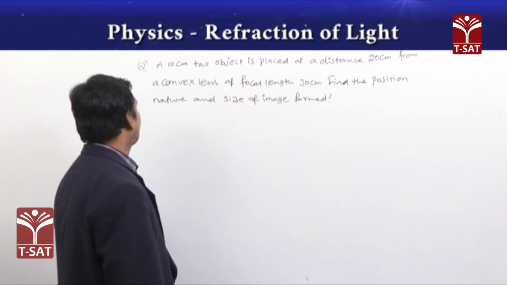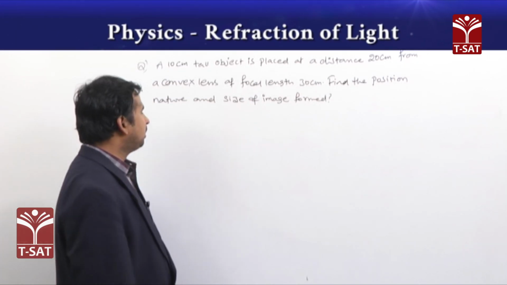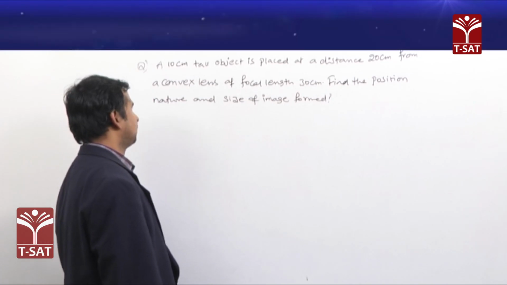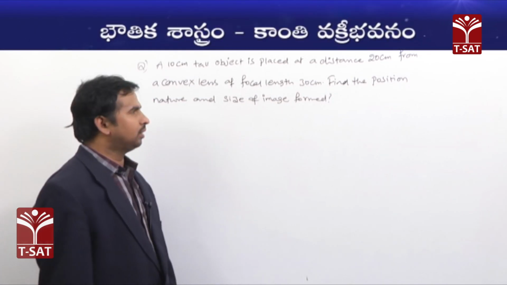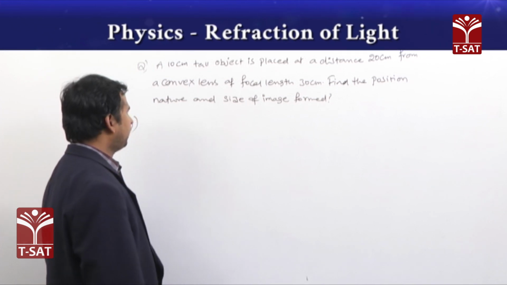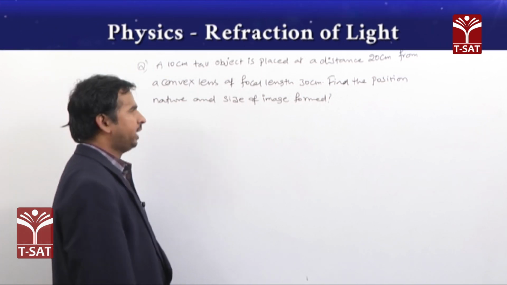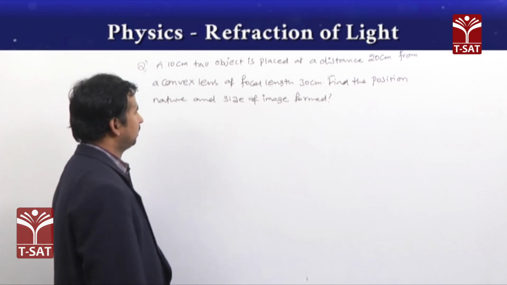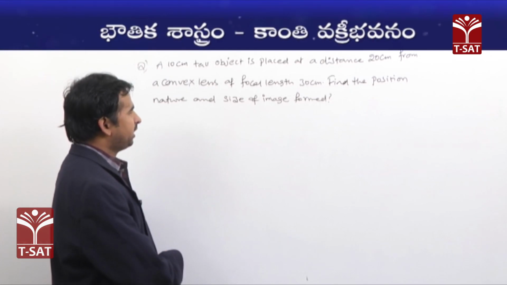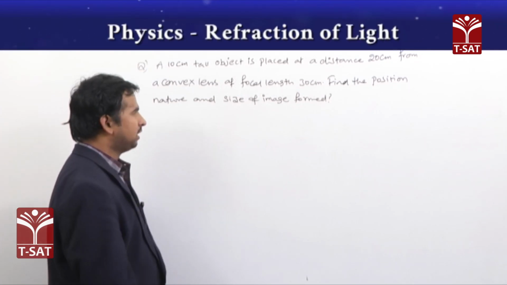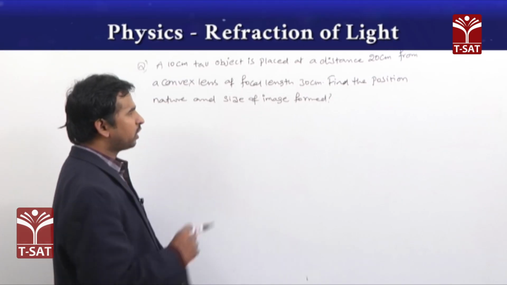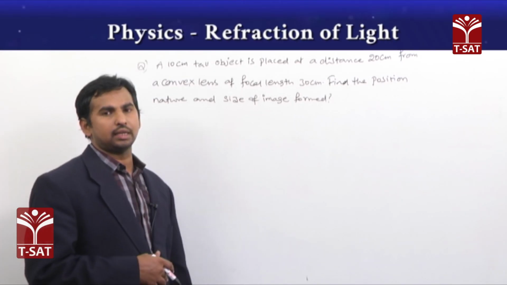Now, one more problem. We have a 10 centimeter tall object placed at a distance of 20 centimeters from a convex lens of focal length 30 centimeters. Here we have to find the position, nature and size of the image formed. Given that the object is placed at a distance of 20 from a convex lens whose focal length is 30, the object distance is less than the focal length.